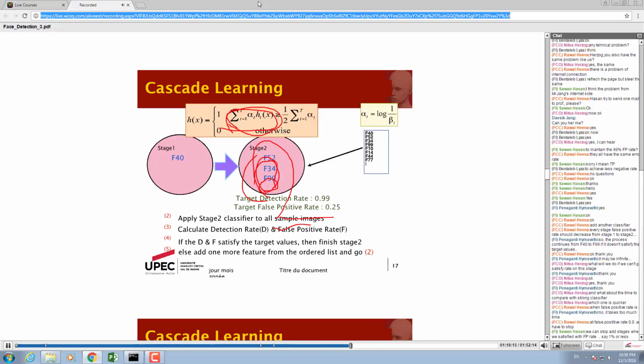Among 2,000, 1 or 3 or 5 is a very small number, so the calculation is very fast, and samples are filtered out in every stage. The later, bigger stages are slower than the earlier ones, but they don't process many windows because most of them are already filtered out in early stages. In that way, cascade classification is much faster than just one original strong classifier.